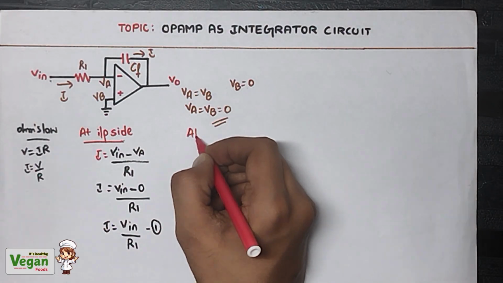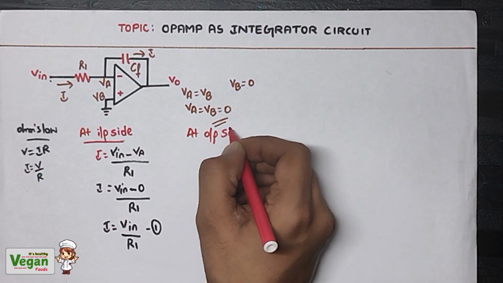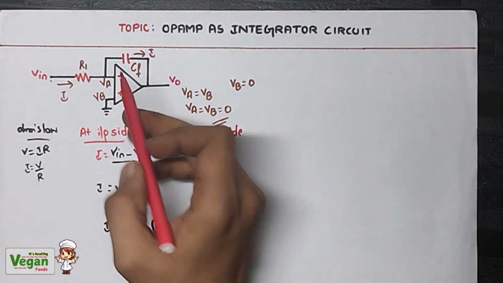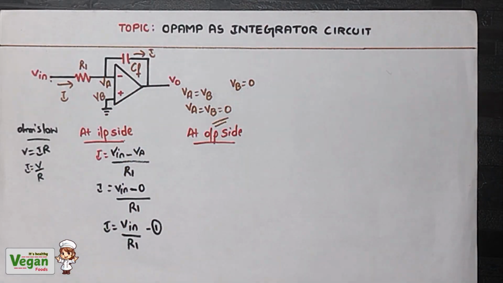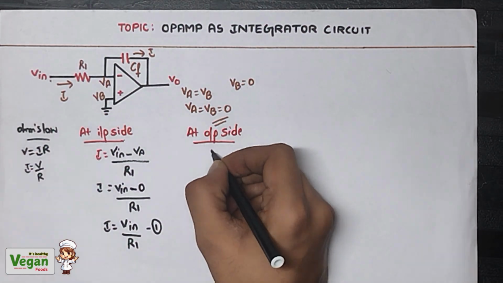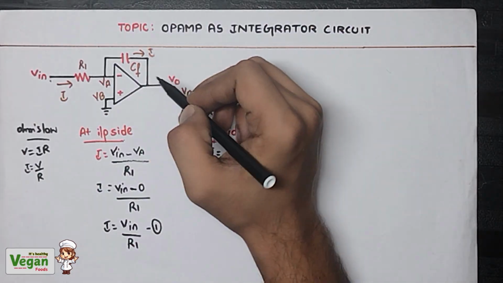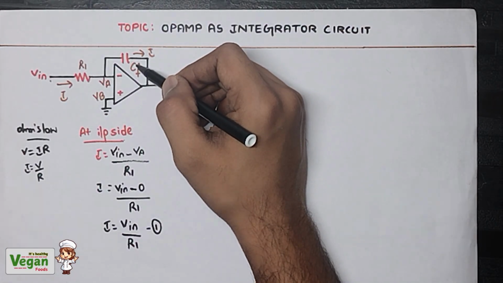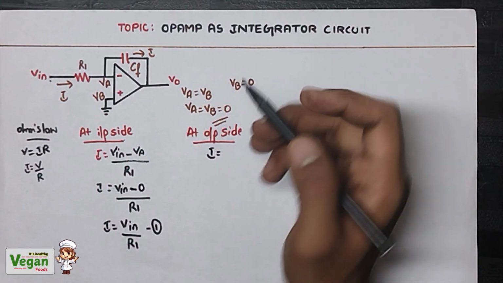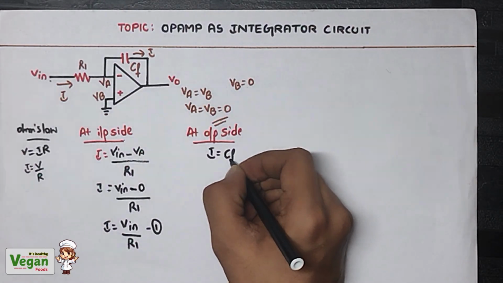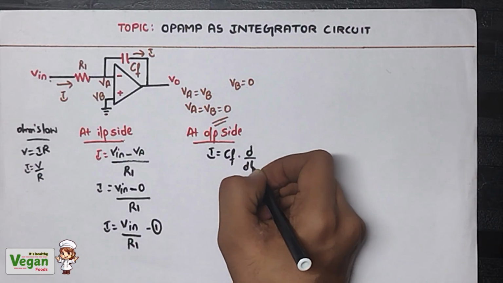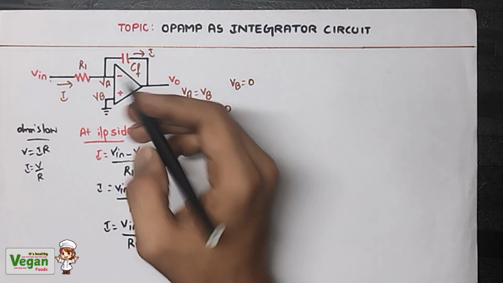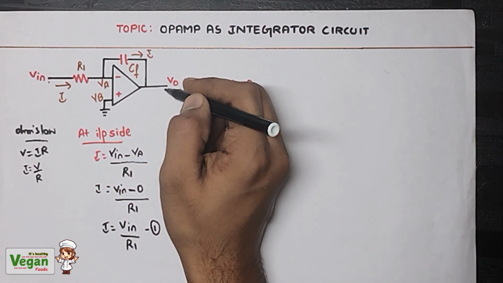Next, at the output side. Output side means from the negative terminal voltage VA towards the output voltage VO. So the current is common. I is equal to, here there is no resistance, there is capacitance. So we must use differentiation. Therefore capacitance is CF, feedback capacitor CF, into d by dt of voltage. What is the voltage? Voltage is VA and V0.